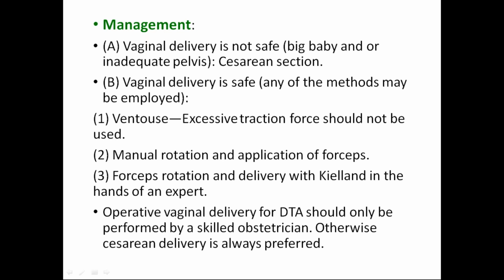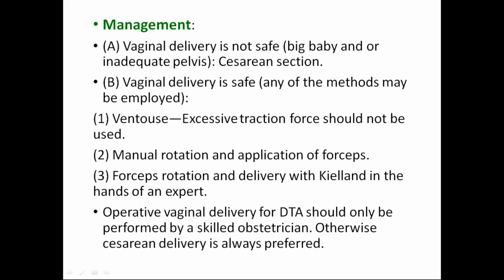Once you apply ventouse and give traction, then the internal rotation will be achieved. The other thing is manual rotation, either the full hand or half hand method, and forceps application. These are the three things to achieve rotation.